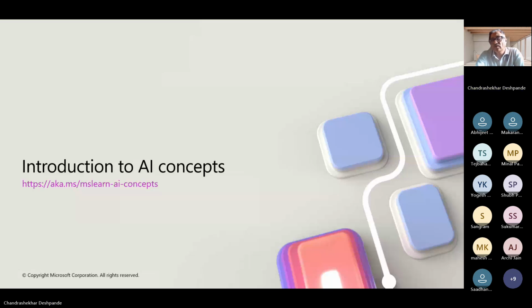But whoever you are, even from a development background, AI-900 provides you all the fundamental things. Here you will see concepts, and we will also try to experience those concepts through the playground.